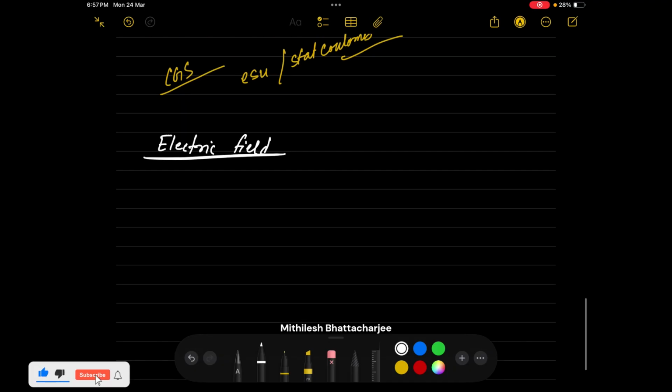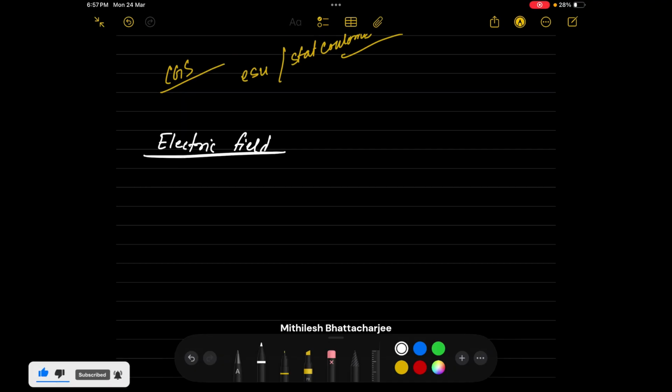So now the next topic is electric field. So what is the electric field? Like there is a charge Q. In the area beside the charge Q, if we put another charge Q1, then Q1 will experience a force by Q. This is known as the electric field.